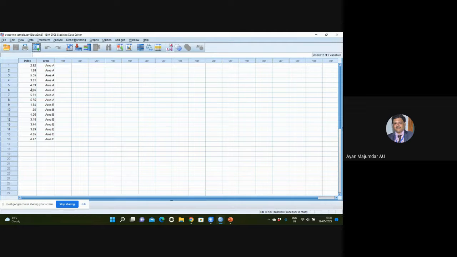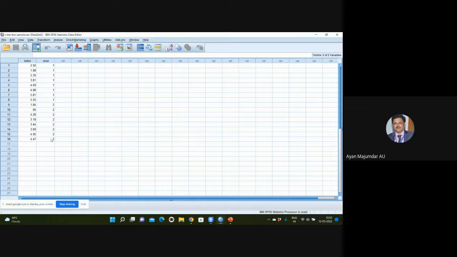This is the pollution index for area A, and this is the pollution index for area B. If I toggle the value labels here, you will see all area A is marked 1, all area B is marked 2.